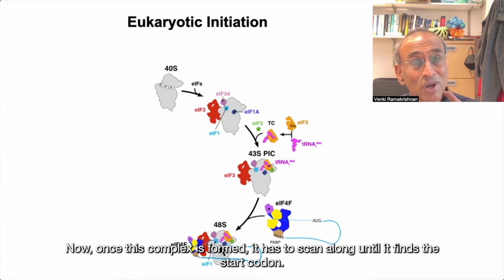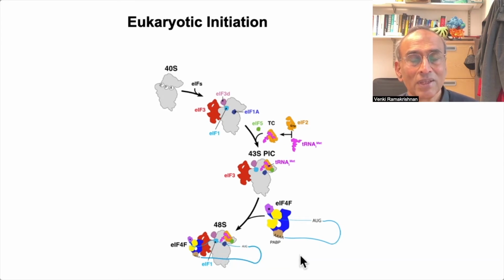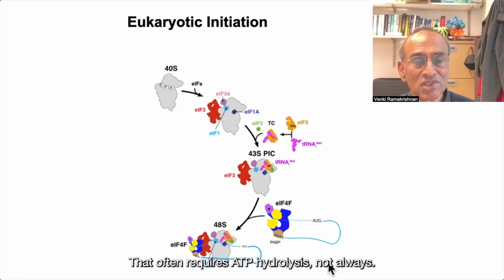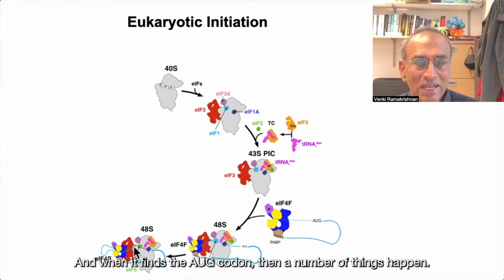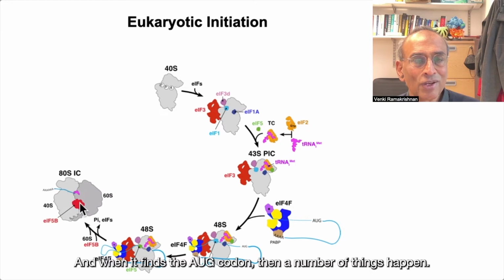Now, once this complex is formed, it has to scan along until it finds the start codon. That often requires ATP hydrolysis, not always. And when it finds the AUG codon, then a number of things happen.